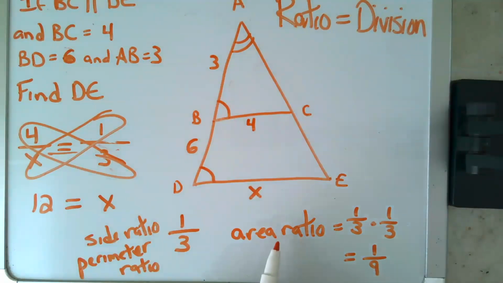So the area ratio is always the square of the side ratio. And that is true for triangles, for squares and rectangles, for circles, and for regular polygons. The area ratio will be the square of the side ratio. Okay, good. Let's take a look at one more problem.